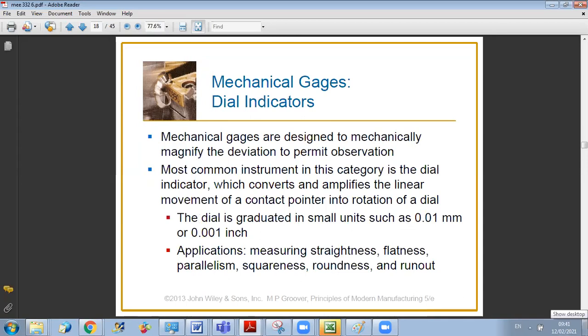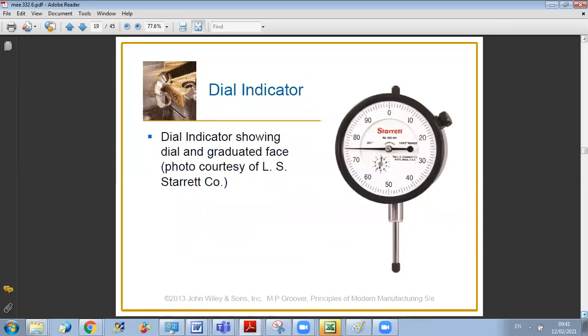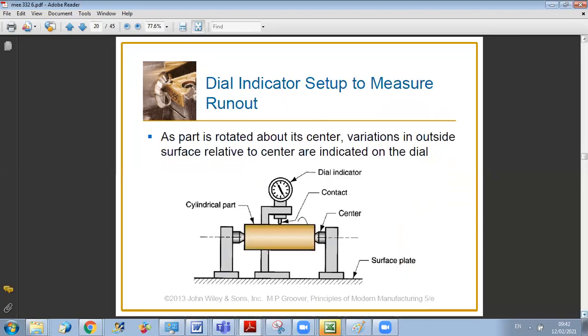So this is the figure of a dial indicator showing the dial and the graduated face. You can see how it is here. It's very clear, the graduation on it. We will see here an example to measure roundness. What do we mean by this? If you want to make sure that your cylinder is perfectly manufactured, that you have a uniform diameter over your cross section, what you can do is put it in this setup.